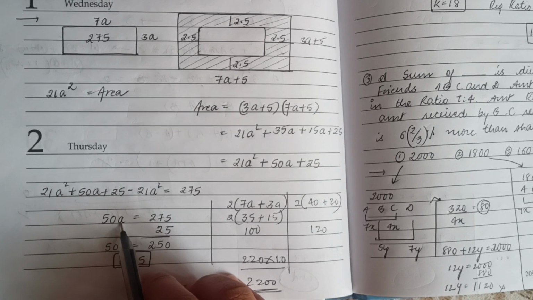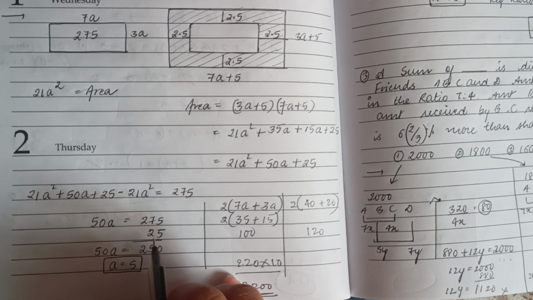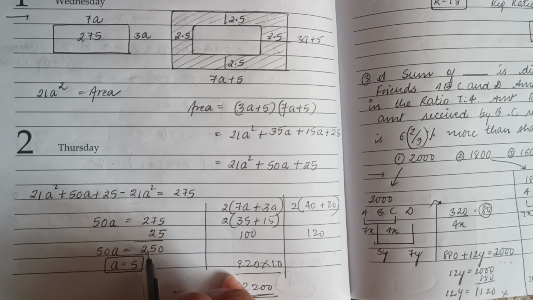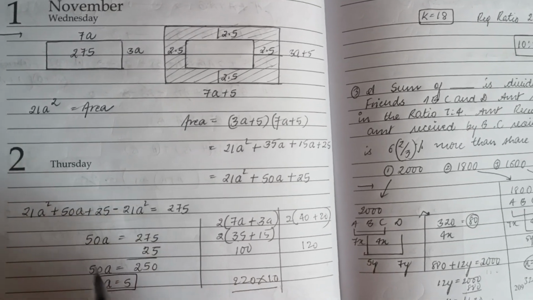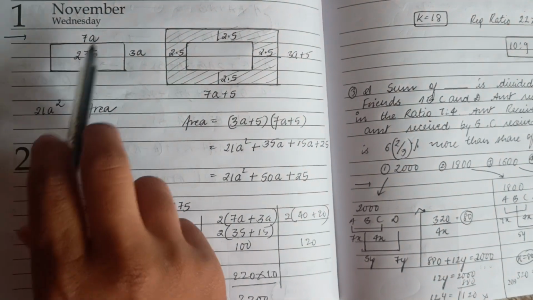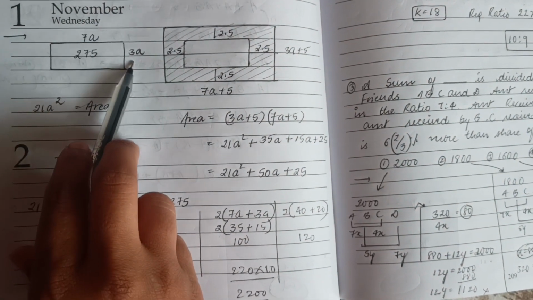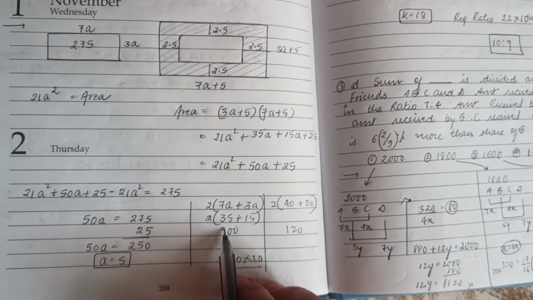So that is 50a plus 25 is equal to 275, and if I subtract this I will get a equal to 5, okay. So after substituting the a here and here, 7 5s are 35 and 3 5s are 15, okay. So that is what I did here.